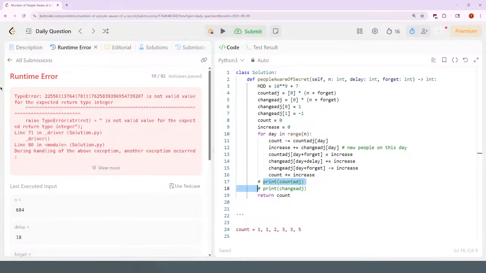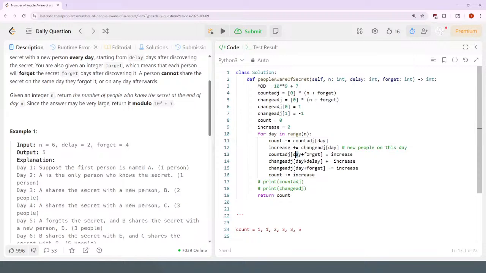Oh, I forgot the modular thing. Where is the modular needed? I think the modular is needed here maybe. Plus equals.